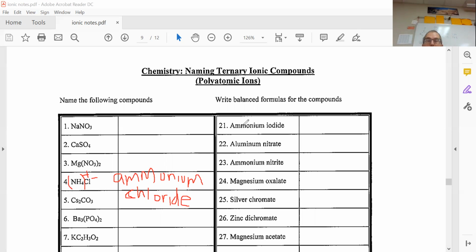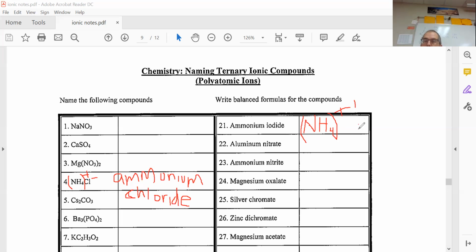Let's look at number 21 and 22. Remember we said ammonium is NH4. We just found that out. So I'm going to write ammonium, NH, and I'm going to say 4, and I'm going to rope that off. Whoops, there's supposed to be parentheses. And this whole thing has a +1.